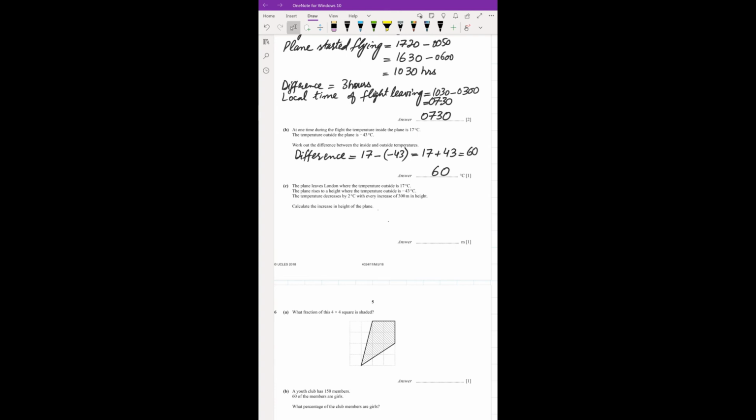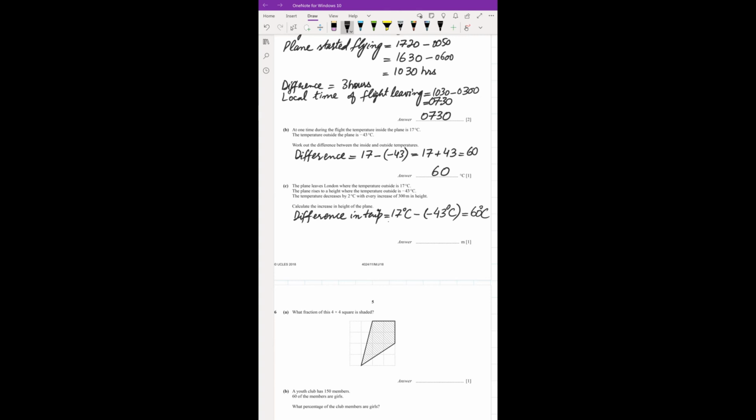So to find the height of the plane, the first thing that we will need here is the difference in temperatures. We have already worked it out, and the difference between these two temperatures is 60. Now this difference in temperature can be used to work out the height that the plane is taking.